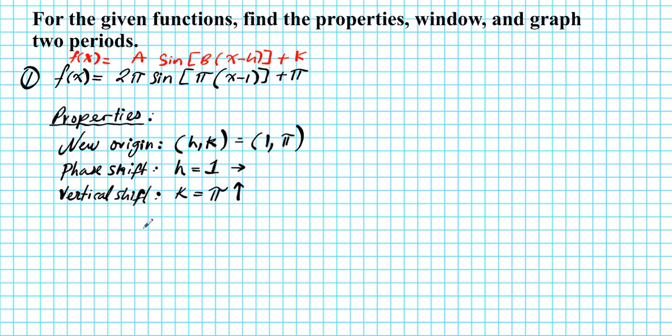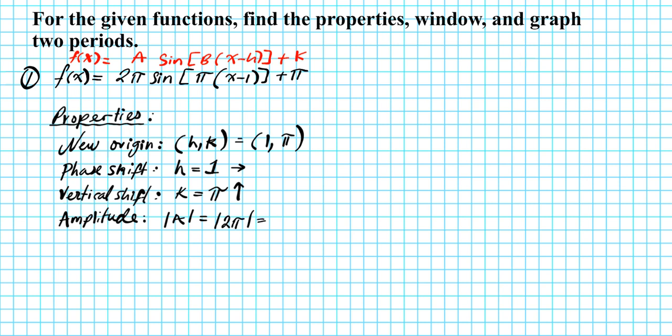All right. Next property we need is the amplitude. The amplitude is computed by finding the absolute value of a. Okay, in this problem, a is 2 pi, so the absolute value of a is the absolute value of 2 pi.